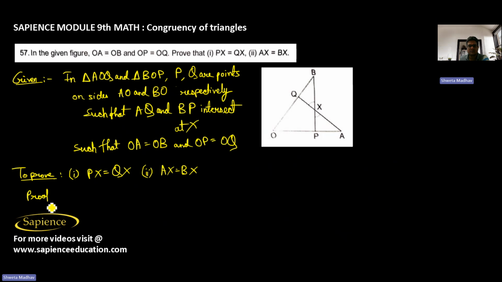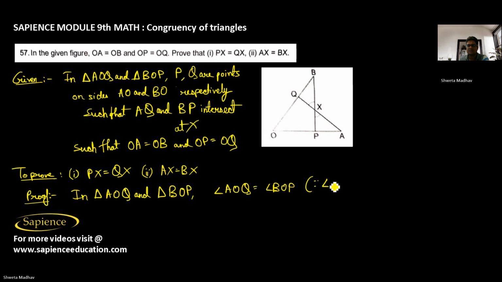So the proof is like this. We'll say that in triangle AOQ and triangle BOP, we have angle AOQ equal to angle BOP, since angle O is common in both the triangles, and AO is equal to BO is given, and obviously OQ is equal to OP is also given.